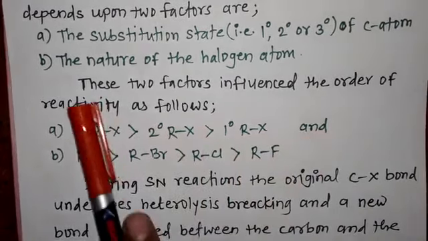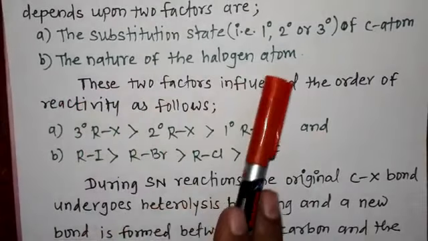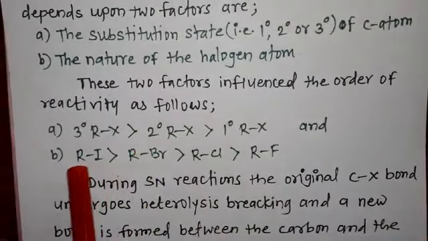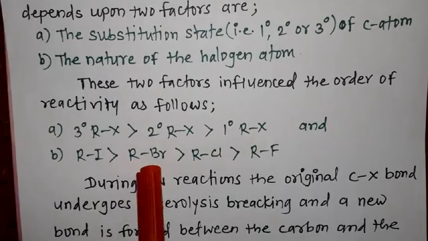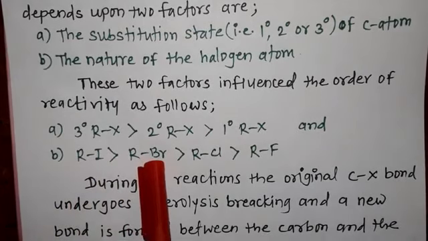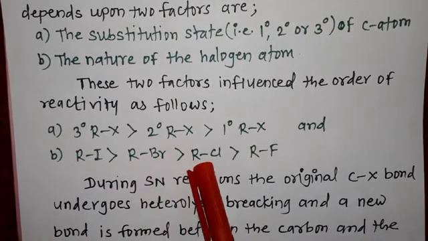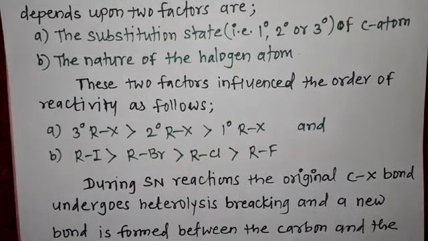And for the second, the nature of the halogen atom, alkyl iodides are more reactive than alkyl bromides. Alkyl bromides are more reactive than alkyl chlorides, and alkyl chlorides are more reactive than alkyl fluorides. Means from fluorine to iodine, reactivity of halogens increases.